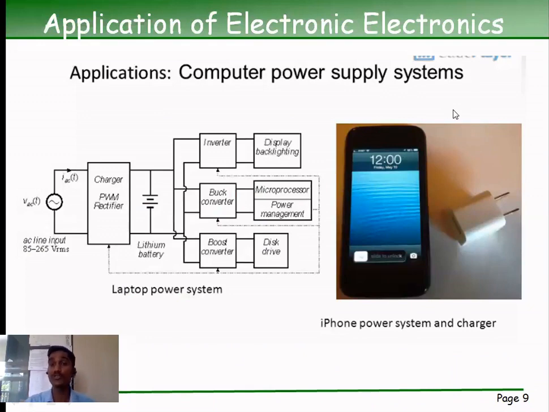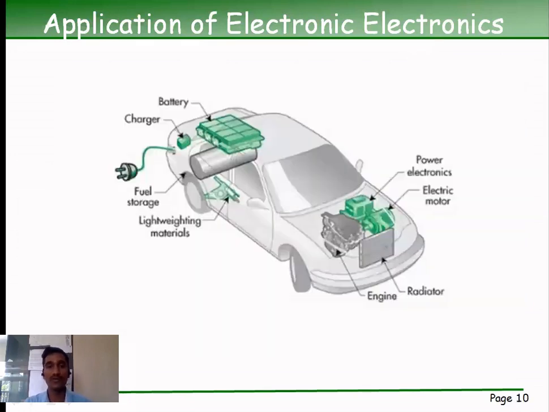If you take the laptop, it requires a 12 volt DC supply. Again, in a computer there is a requirement of various DC supplies, maybe 5 volt, maybe 10 volt, or maybe 12 volt. So at that time the conversion of that power is performed by using the power electronics. So these are some pictures in which we perform the power electronic functions.